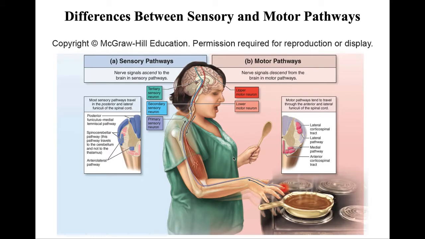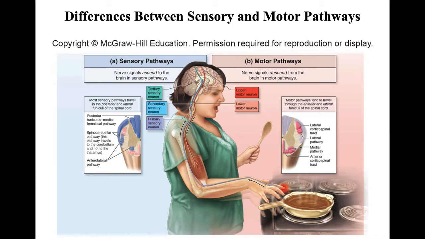All right, here's a person with their hand on the hot plate on the stove. They're burning their finger there. As they burn their finger, the sensory information goes up the spinal cord, up to the brain. And as you can see, as it goes up, it has how many pieces that we've already seen?